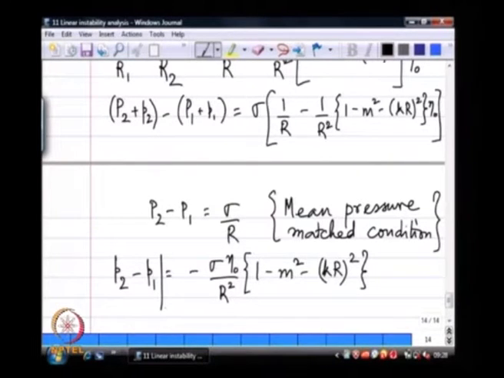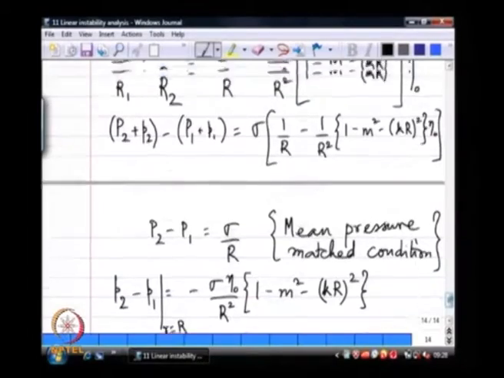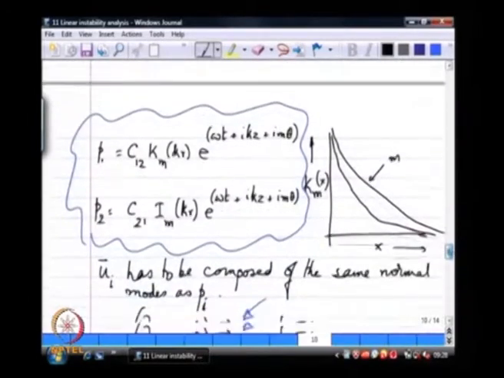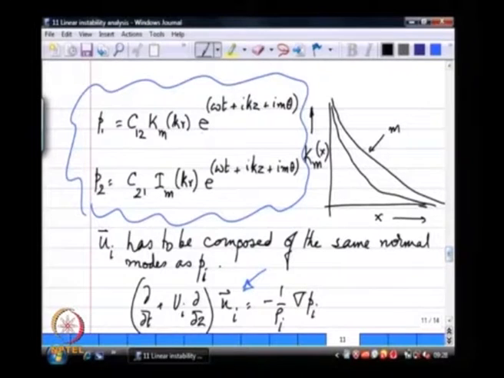Now, I should be clear that this is P2 minus P1 evaluated at the unperturbed jet radius. If you go back, we did find P2 and P1 as a function of R, T, Z and theta.